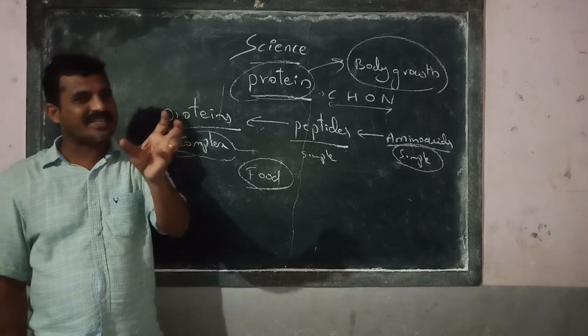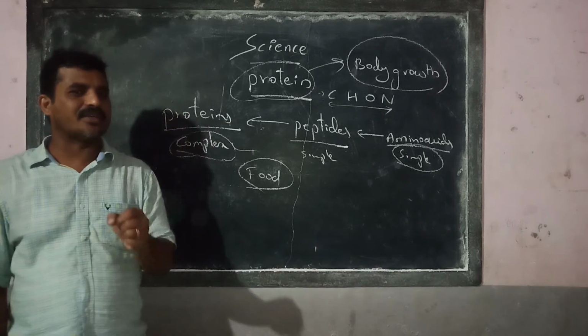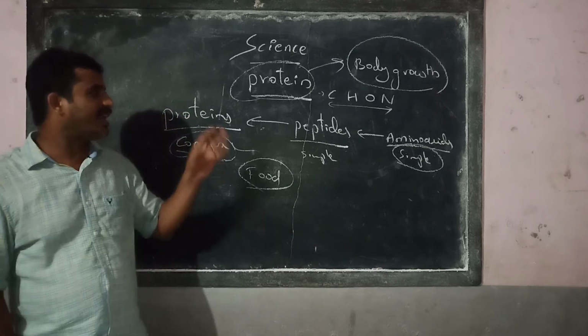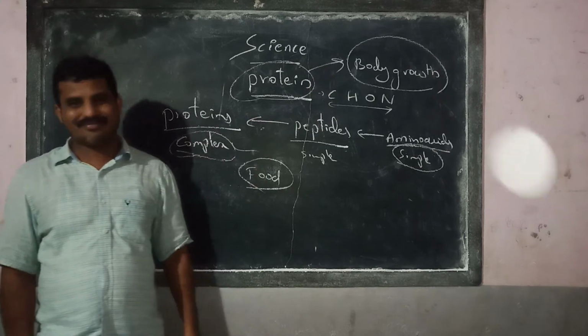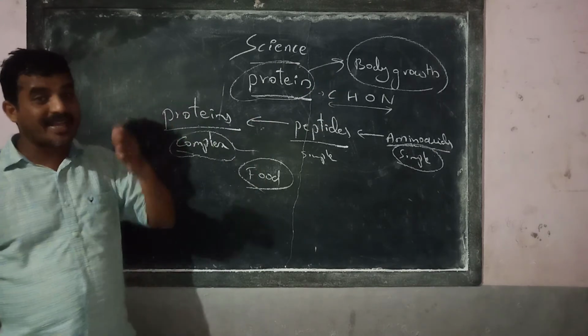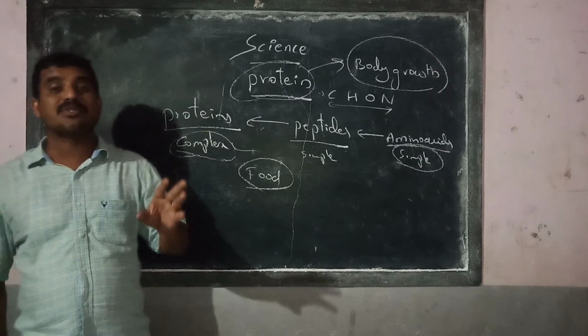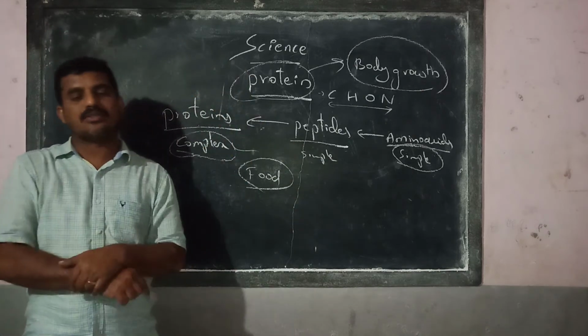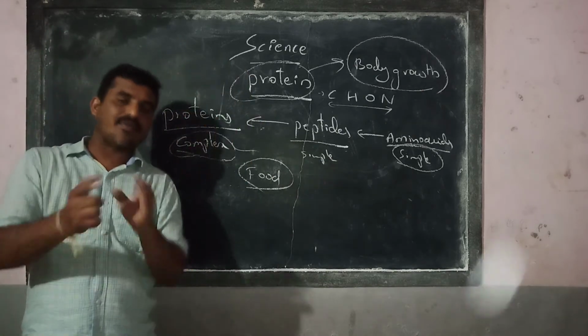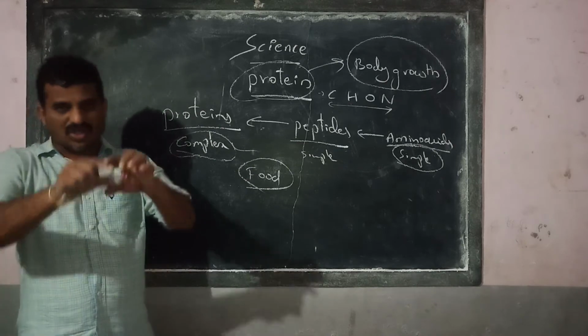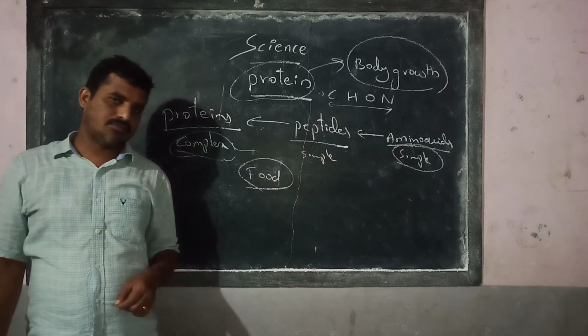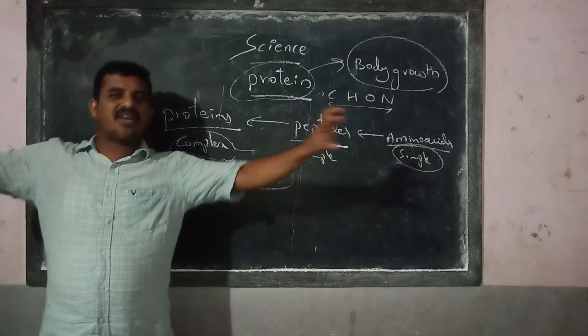Proteins are present in egg and in chicken, but those proteins are not directly used for body growth. No, they should break down, because proteins are complex substances made up of many amino acids, hundreds of amino acids. It is a long chain of amino acids.